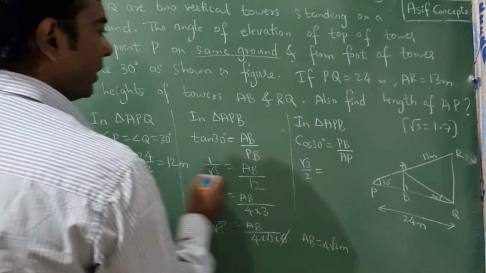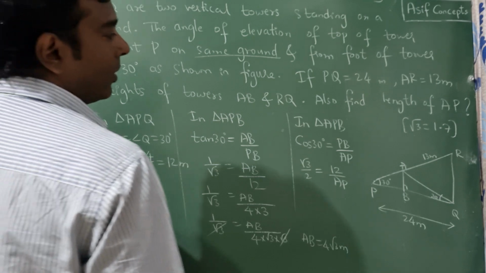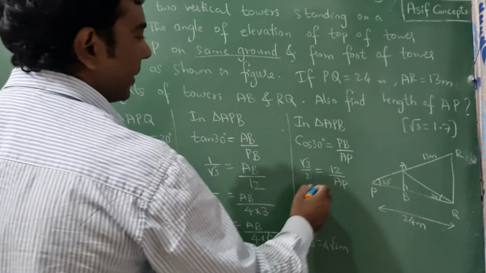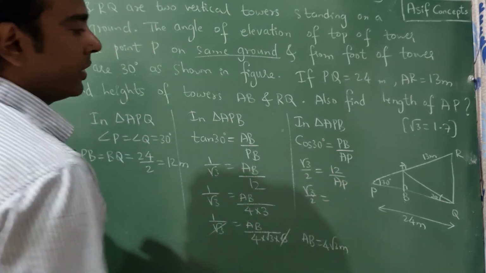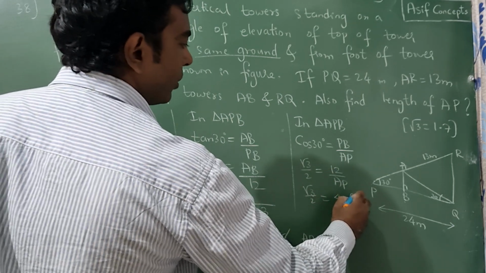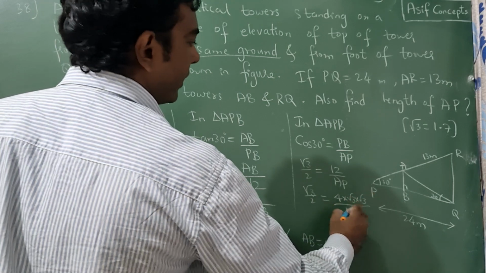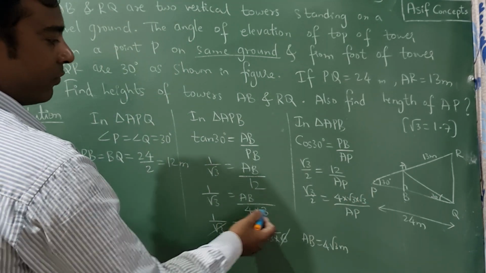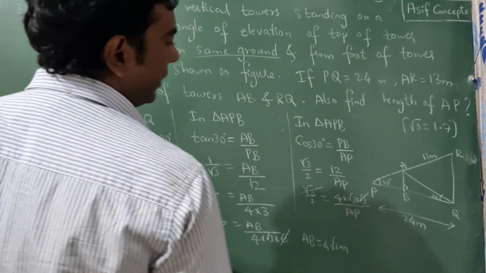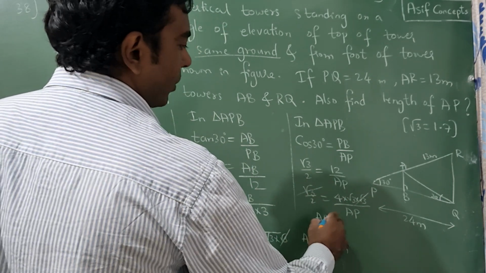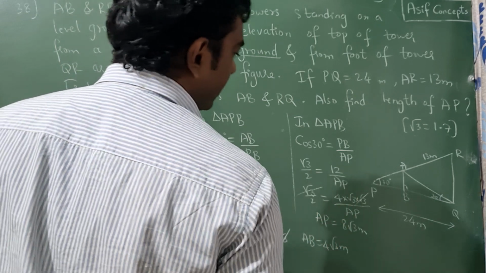PB is how much from here? It is 12. By AP, that is hypotenuse. Again 12 can be written as 4 into 3, or you can write 4 into root 3 into root 3 divided by AP. This root 3 and this root 3 get cancelled. So AP is equal to 8 root 3 meters.